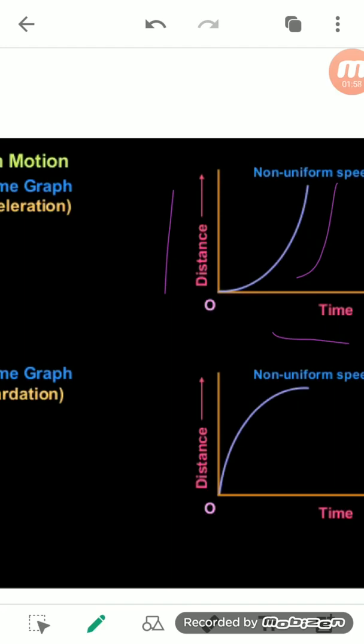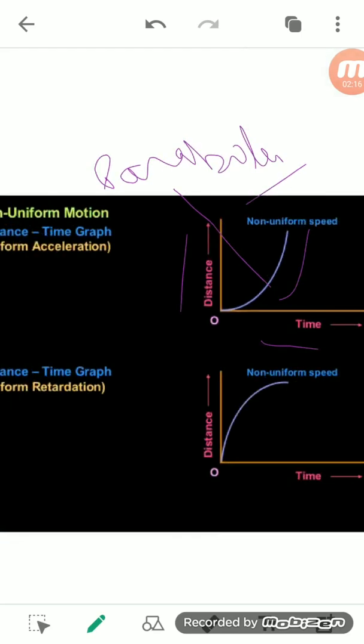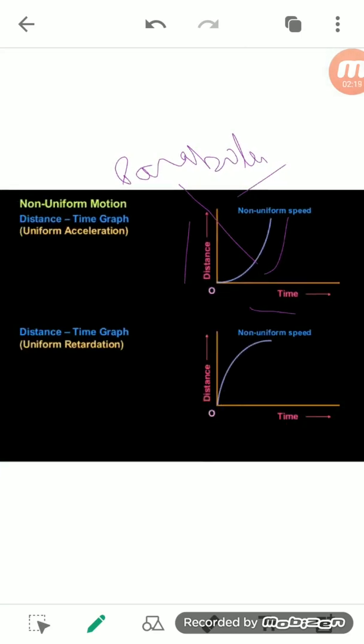We call another term for this, and that is parabola. So it is not a straight line, but it will form a curved line, or a parabola. So this is the non-uniform distance time graph to represent the non-uniform speed.